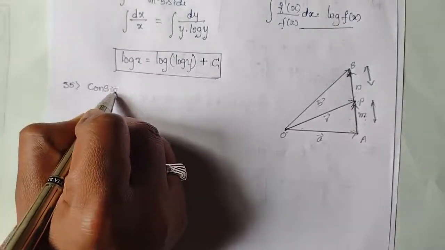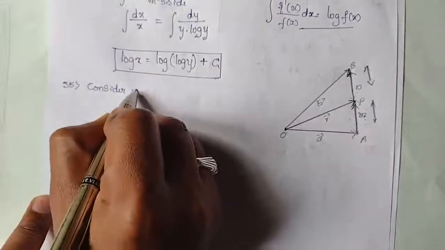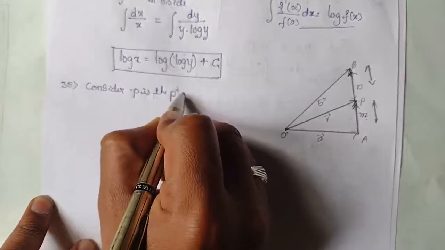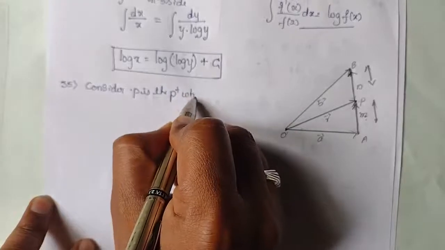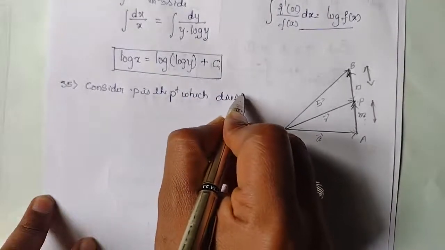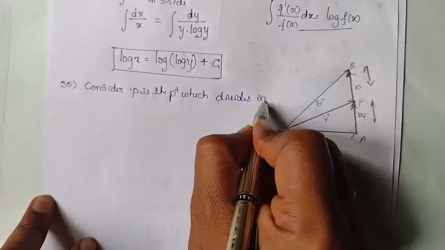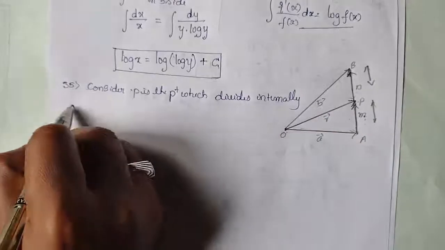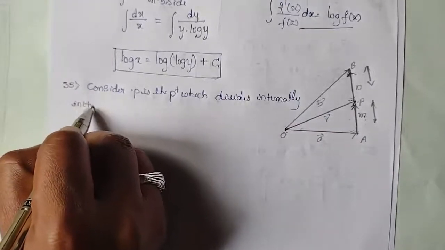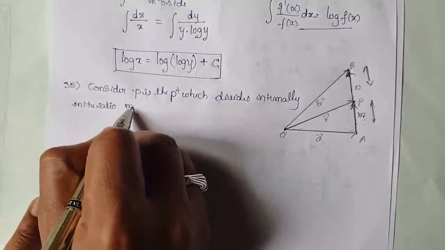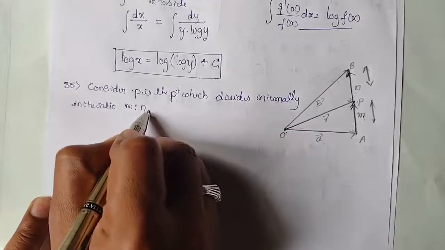Consider P is the point which divides internally in the ratio m is to n.